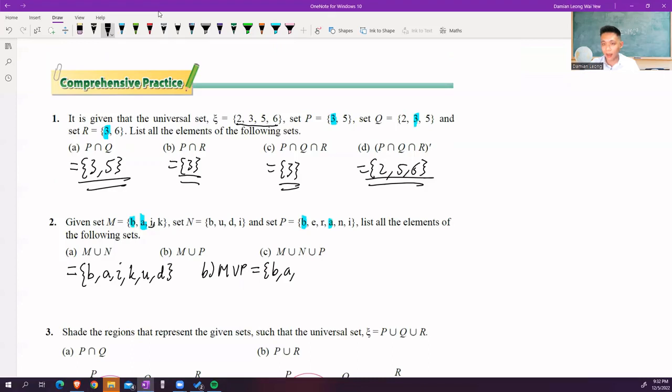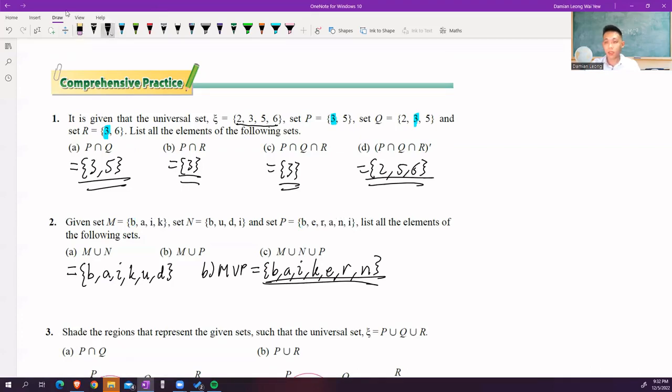Then I, both of them, only once. K here. I also have E here, R here, and N here. So these are the elements when I combine set M and set P together.